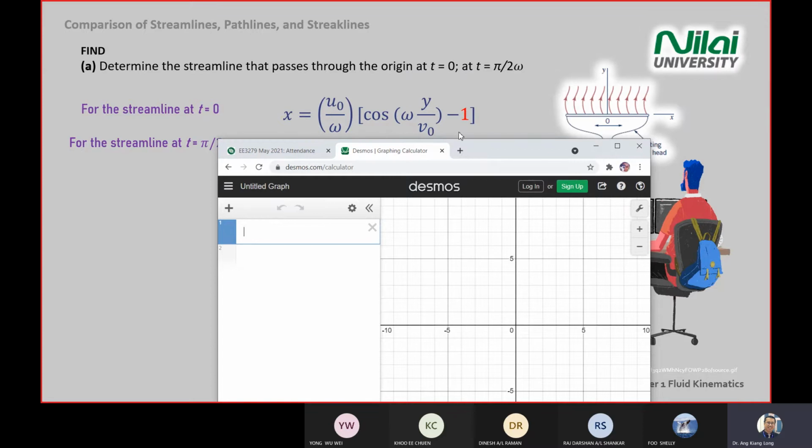Cos something minus 1. So when t equal to 0, the equation is x. You can just type in using your keyboard, x equal to, and we know that this is a constant value.